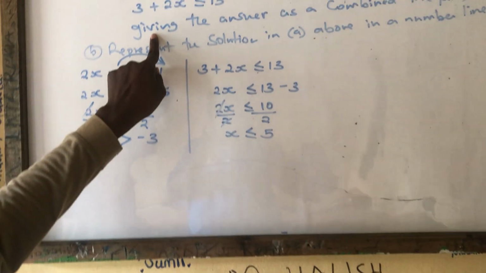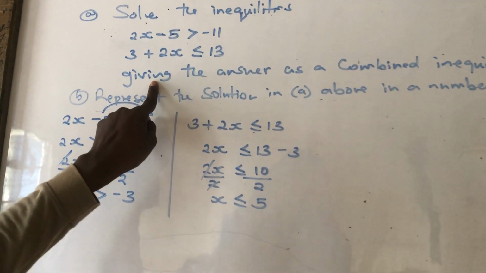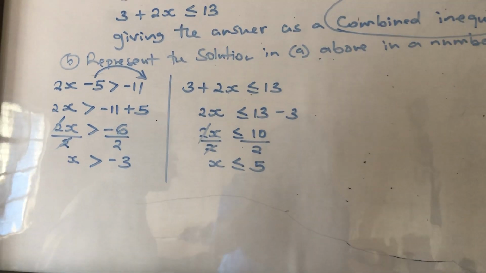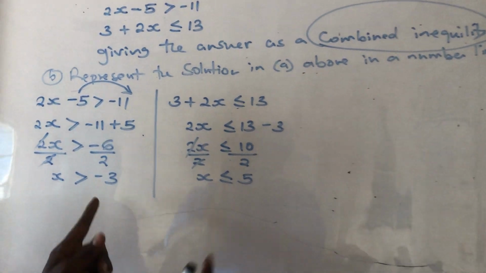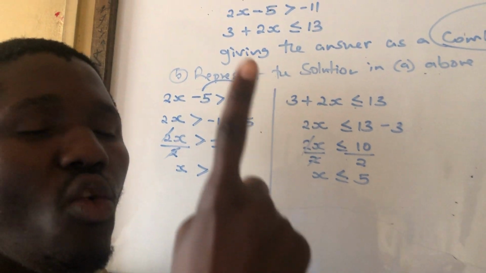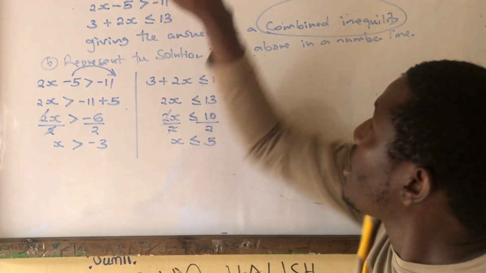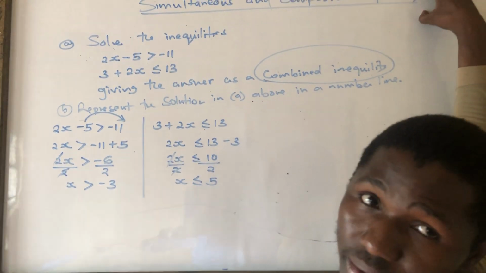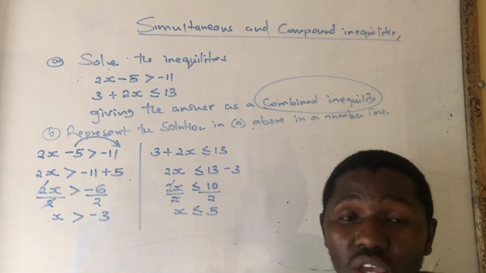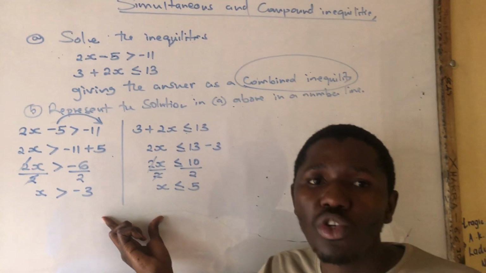Do take note, the question mentioned that the answer should be given as a combined inequality, which means we do not want two separate answers, but instead one answer. Combining these two answers into one is what we call a compound inequality.